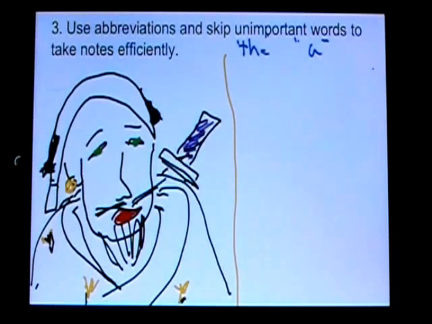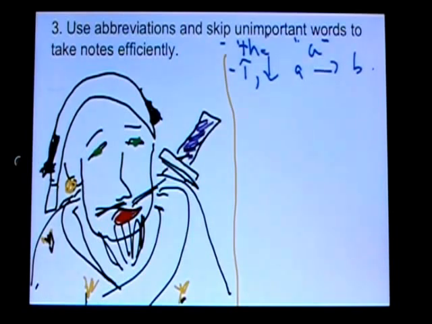Learn to create abbreviations and short forms of words. For example, for words like increase, use an arrow pointing upwards. Decrease, use an arrow pointing downwards, or something that says this leads to that, so A leads to B, that kind of abbreviation.